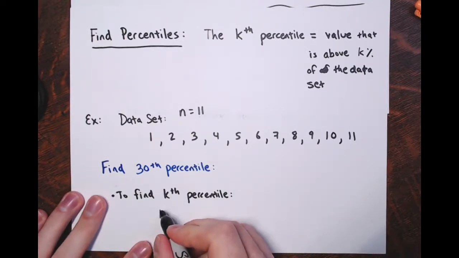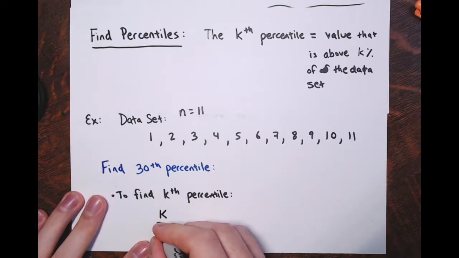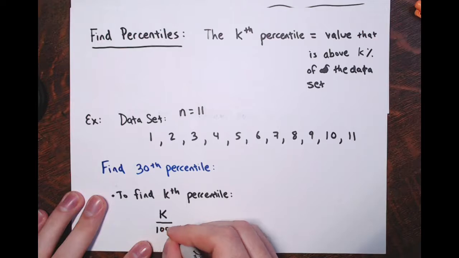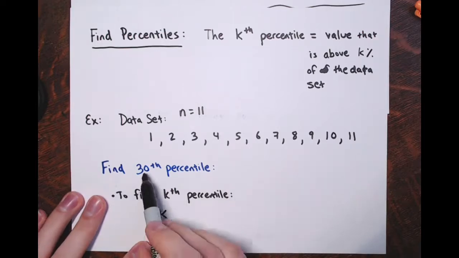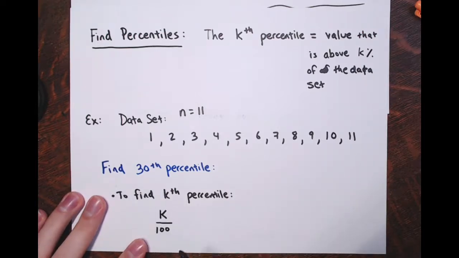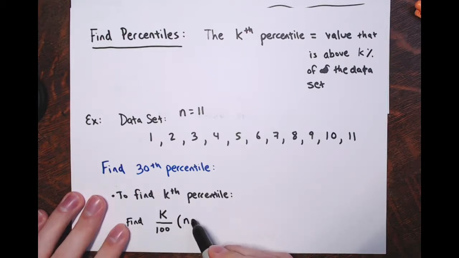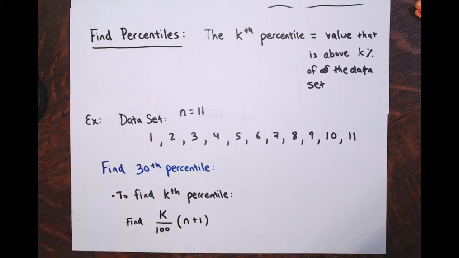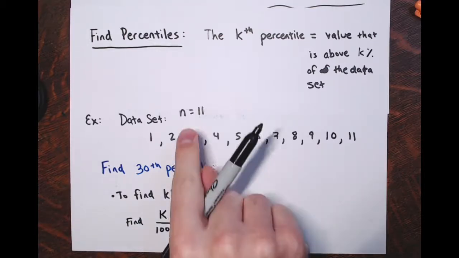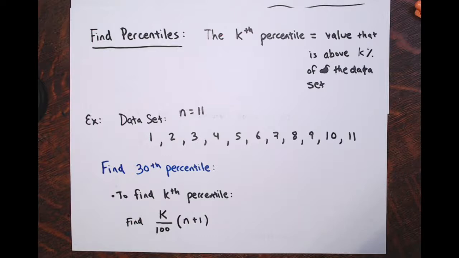Take k over 100, right? Because that's a percent, right? So 30% in this case. K over 100 times, so I find k over 100 times n plus 1, where n is how many values there are.